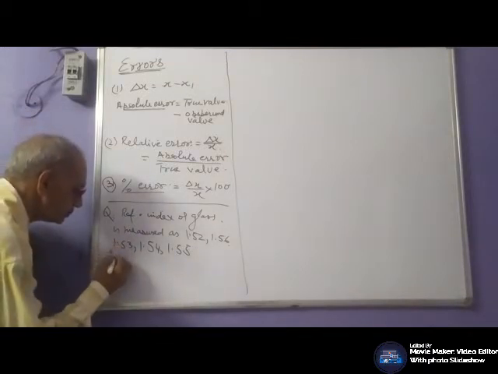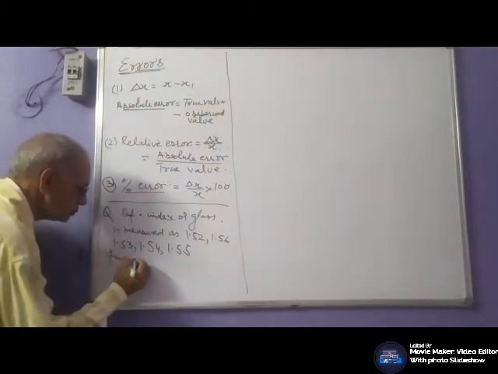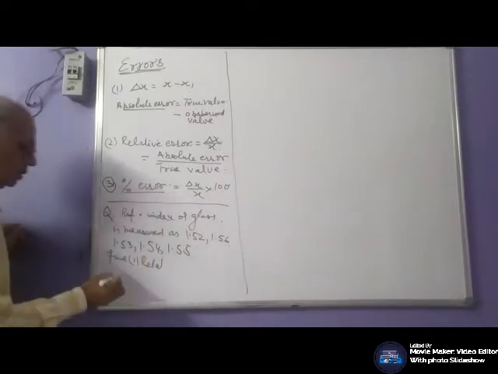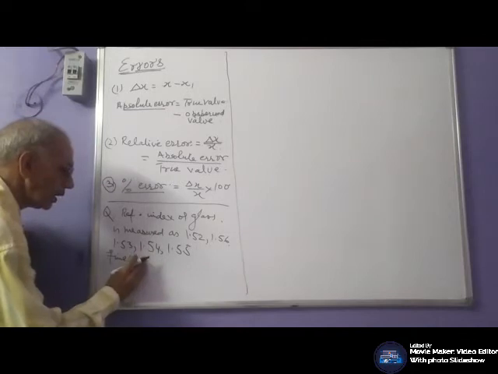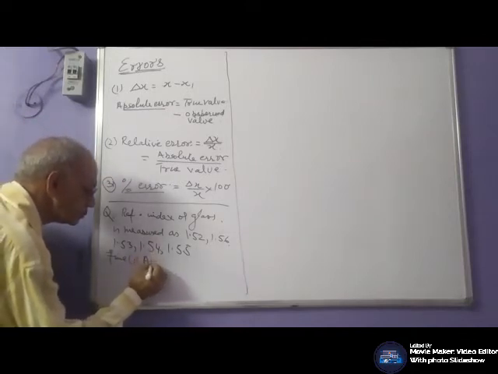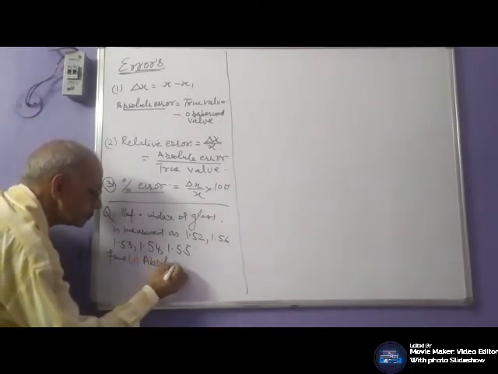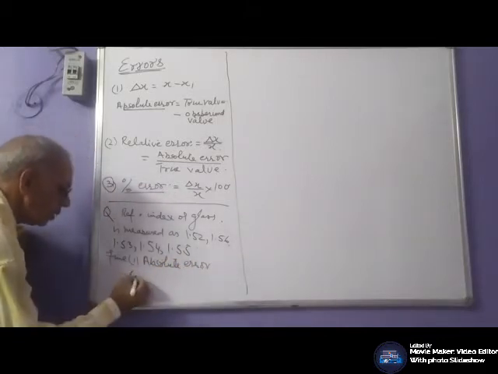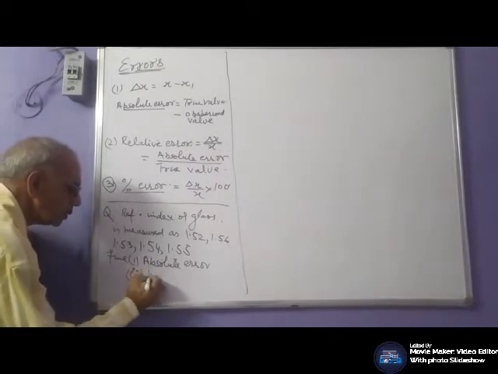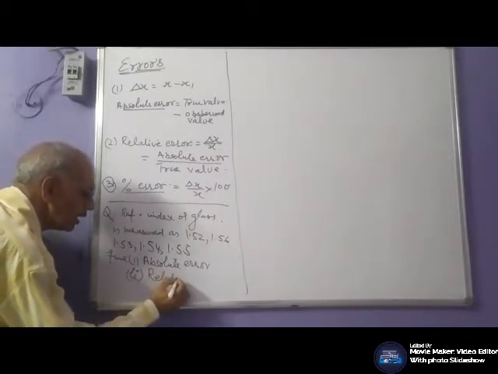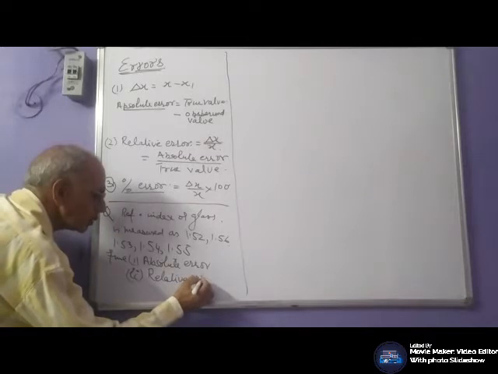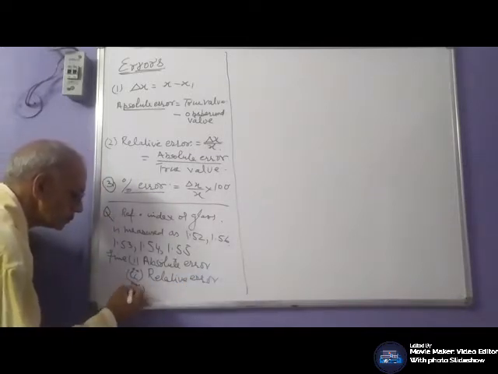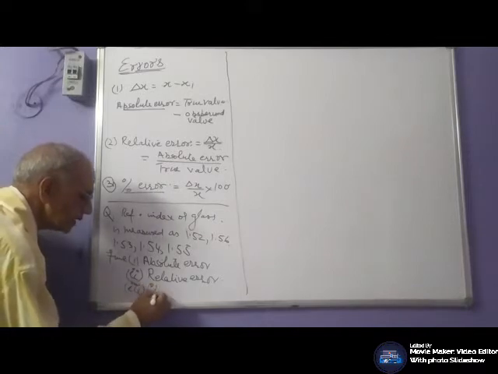Find number 1, absolute error. Number 2, relative error. Third, percentage error.